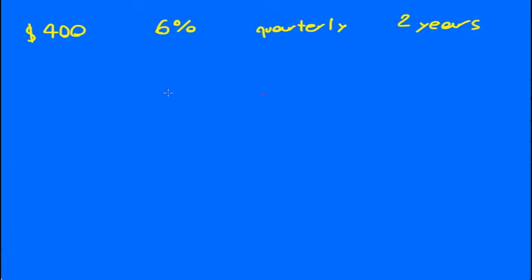We're going to use this formula: A equals P times (1 plus R over N) to the power NT, where P is equal to 400 and R is equal to 6%, which is equal to 0.06, and our N is going to be 4 because it's quarterly, so N equals 4, and our time T is going to be 2 years.